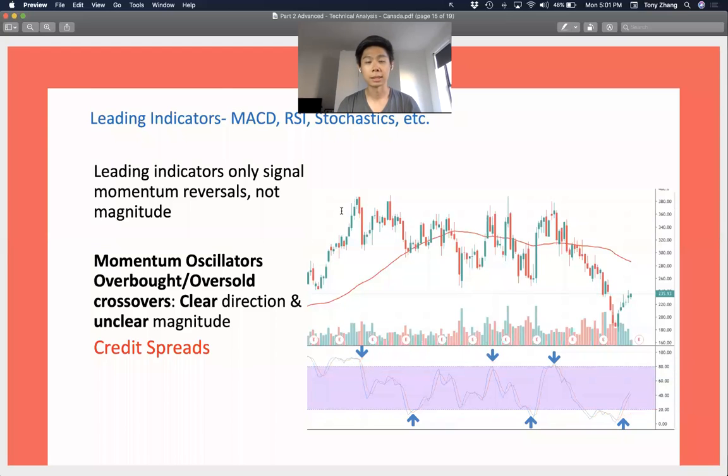However, one of the things that I find most commonly misused by this type of strategy, which is similar to the moving average part, is that when a stock generates these types of sell or buy signals, there's nothing in the indicator itself that gives you any sense for how big that reversal is going to be. The only thing it really tells you is that momentum is no longer moving any higher.